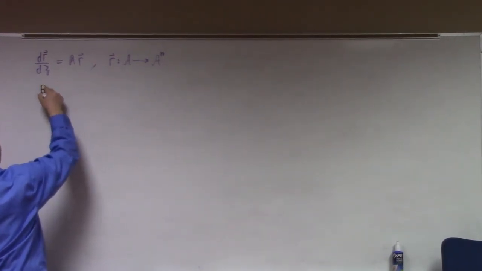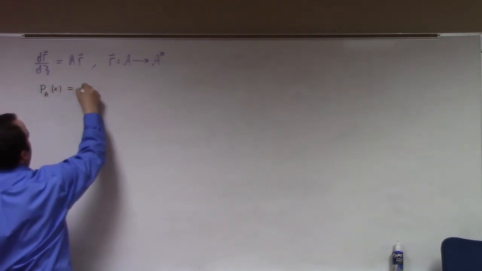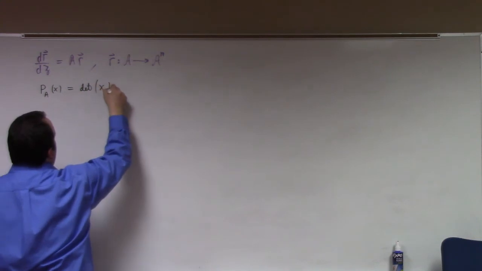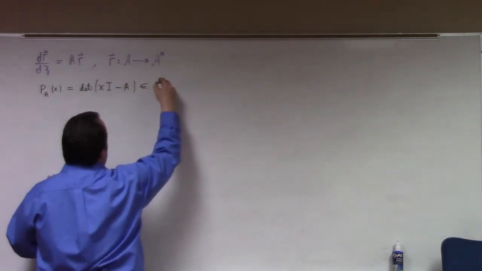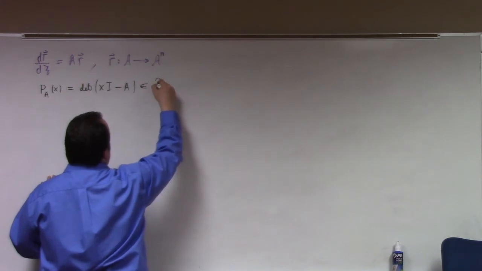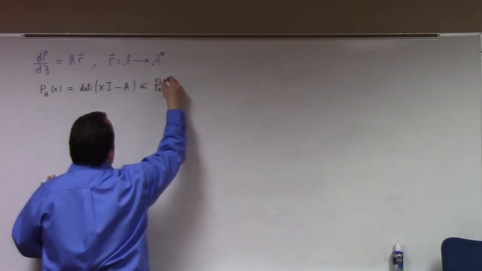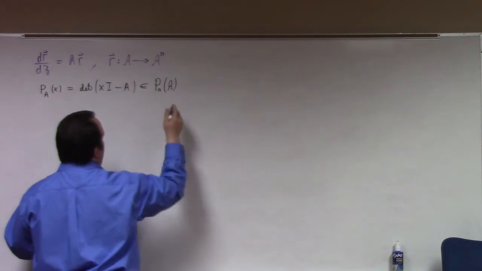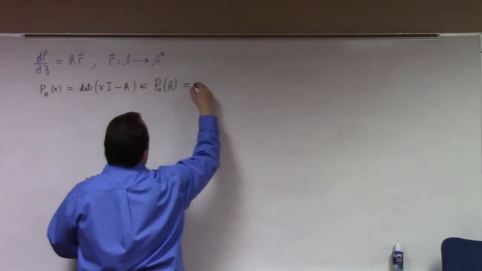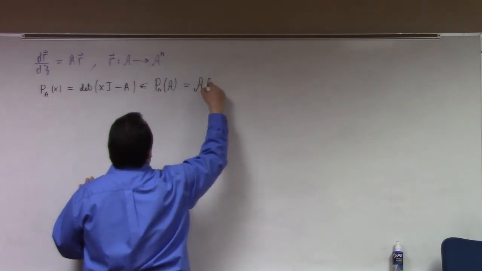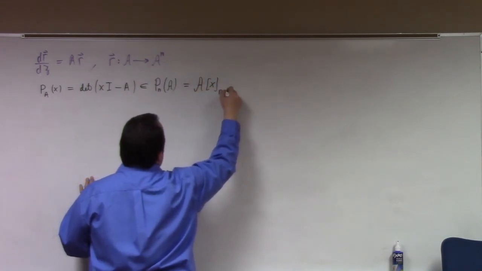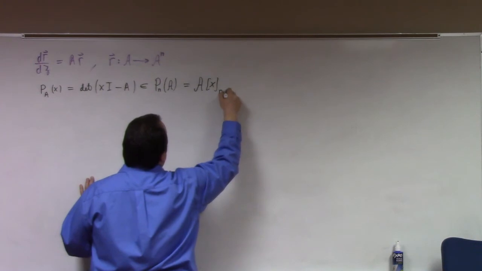The point is, we can calculate the characteristic polynomial of A. As usual, it's the determinant of xI minus A. This is an nth order polynomial with coefficients from A, or perhaps better written as A[x] with degree less than or equal to n.